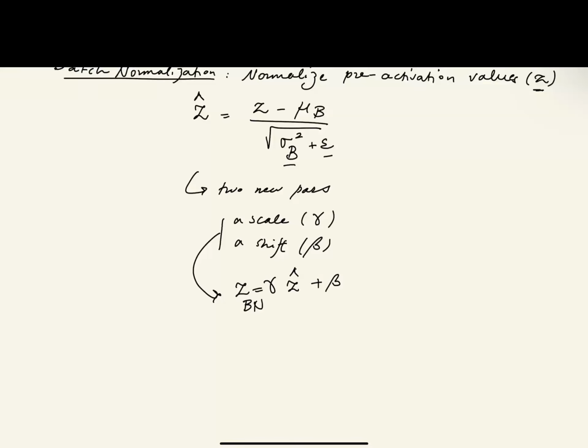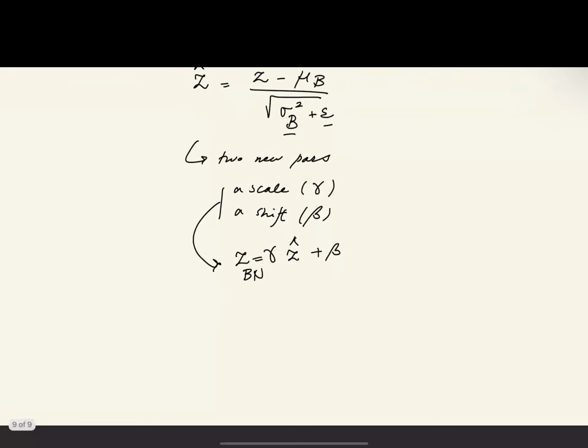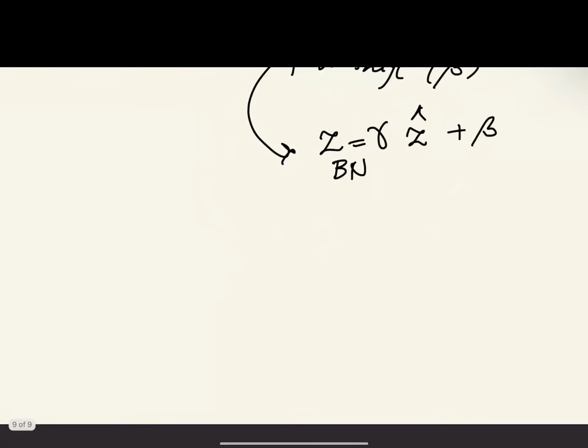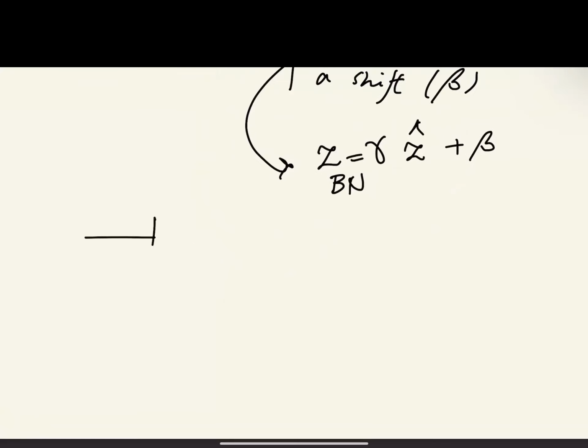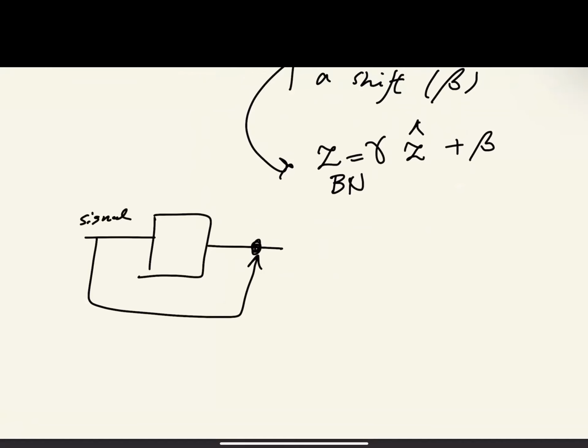So one way to resolve that altogether is just to add connections that bypass the layers. This way, we provide the signal from before the layer to after the layer. It's like a superhighway.